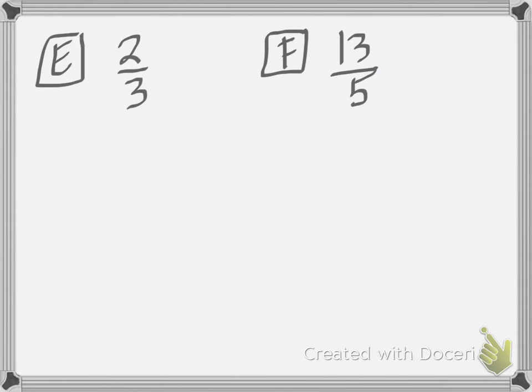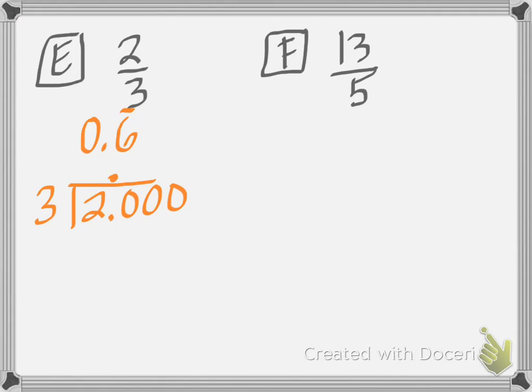In example E, I have 2/3. Some of you may remember as a decimal that's 0.6 repeating forever and ever. If not, do the division. 2 divided by 3. 3 goes into 20, 6 times. Bring down the 0. 3 goes into 20, 6 times. And you will keep getting that.